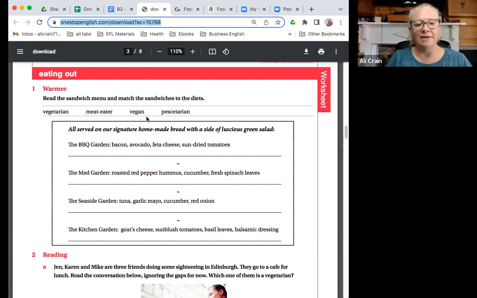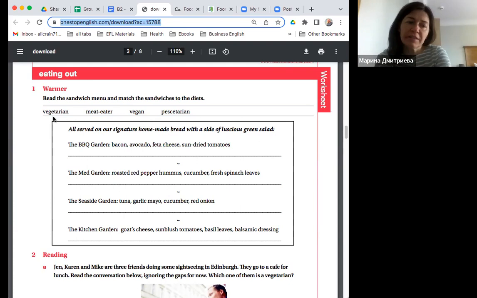I've never been a strict person with any of these things. But vegetarian is basically someone who doesn't eat red meat or any kind of meat, like no chicken or turkey or anything like that. Or fish.